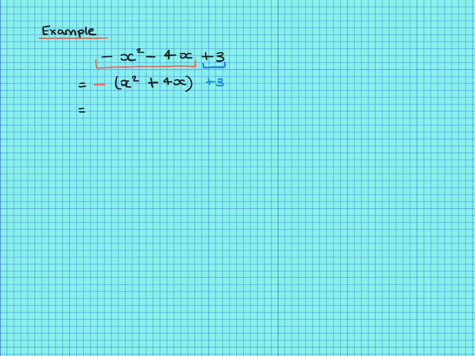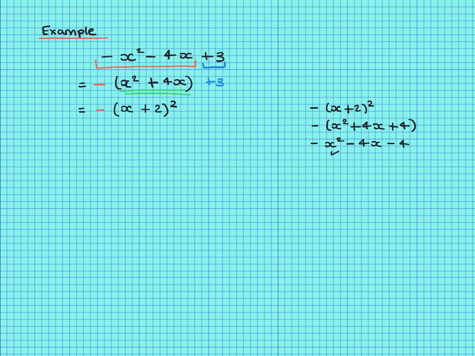Now, let's take these first two terms here, x squared and 4x, and let's rewrite that as x plus 2 all squared. Now, let's see what happens if we expand the negative of x plus 2 all squared. This is negative x squared plus 4x plus 4, which simplifies to negative x squared minus 4x minus 4.